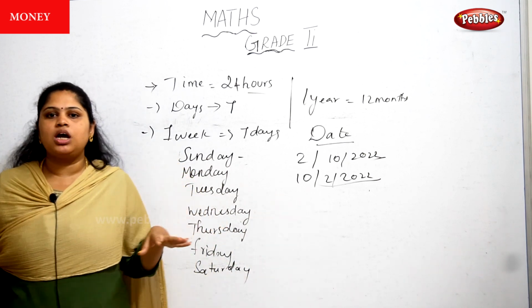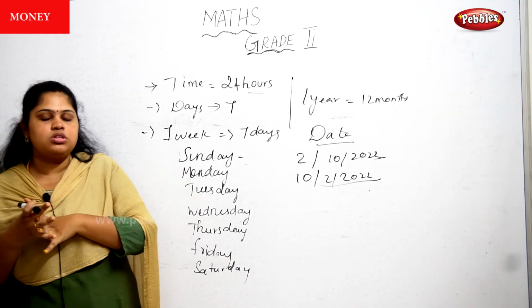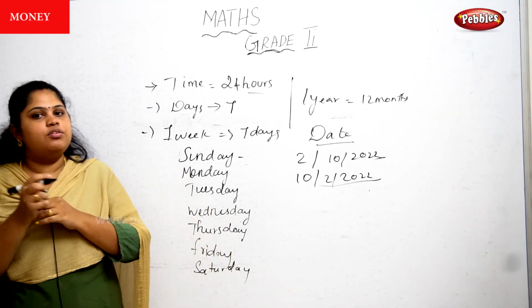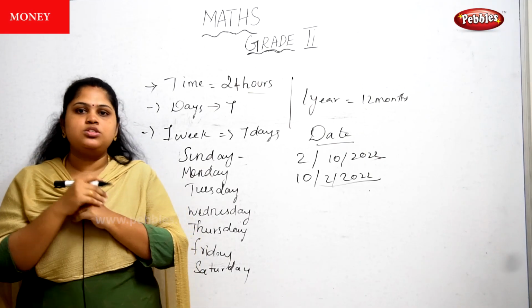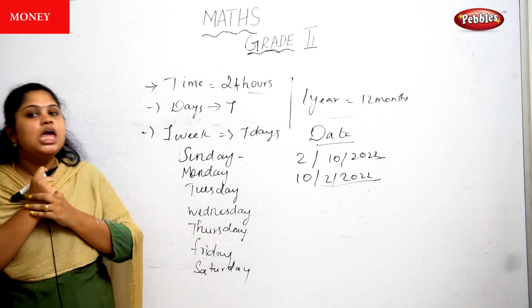But in the Indian method, for example when writing in your classwork or notes, you write the date on every page: first the date, second the month and third the year.